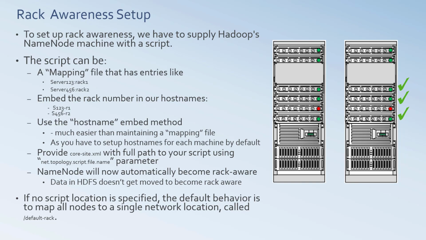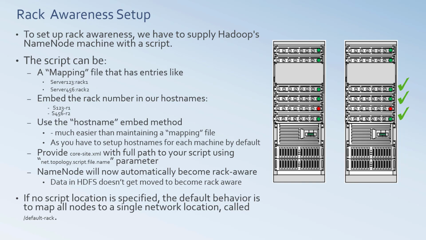So for example, here we have S123R1 indicating that this is server 123 on rack 1, and similarly S456R2 indicating that this is server 456 on rack 2. Going this second route means that we don't have to use this mapping file and have our script parse that file. Because we have to provision the host names already anyways, we are not adding additional work to our provision and deprovision process. So try to use the hostnames embed method.